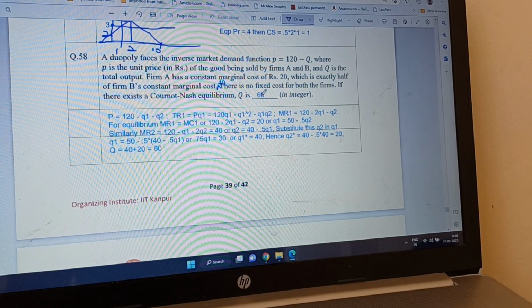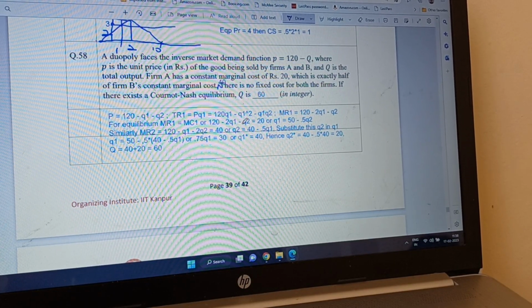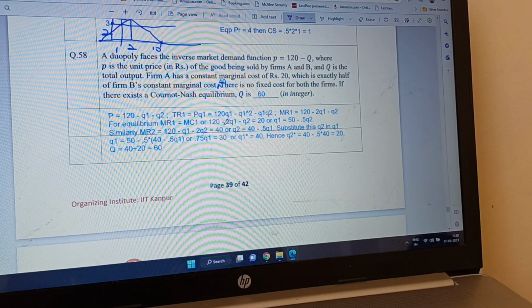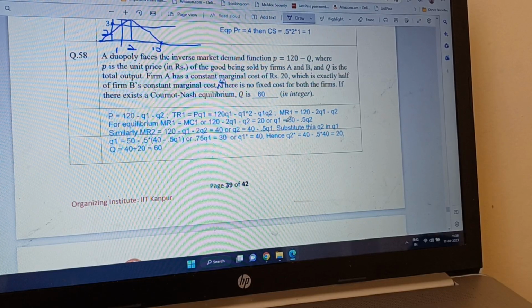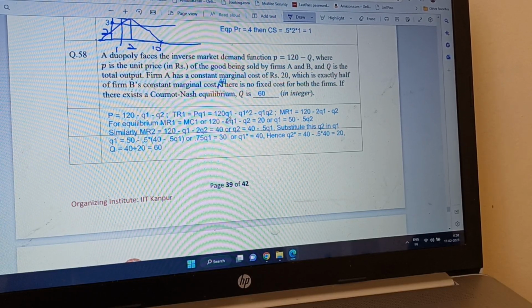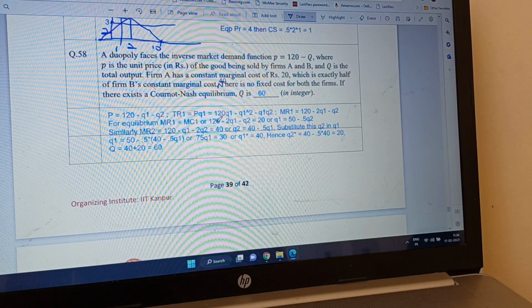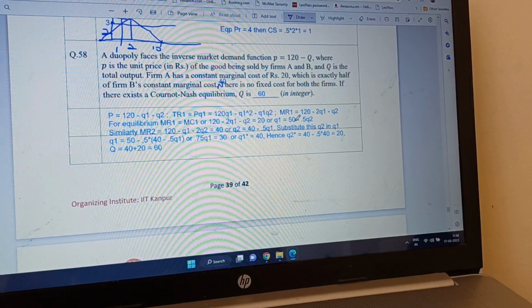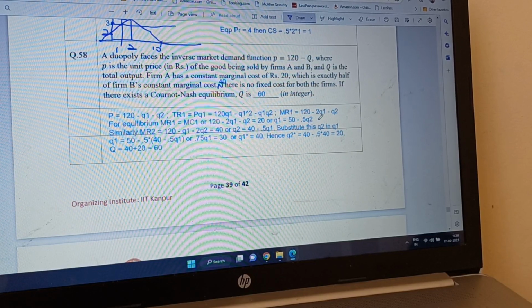So for equilibrium, MR1 is equal to MC1, and MC1 is given as 20. So this becomes 120 minus 2Q1 minus Q2 equals 20, or Q1 is equal to 120 minus 20 is 100, and since it is 2Q1, 100 divided by 2 is 50, so 50 minus half Q2.